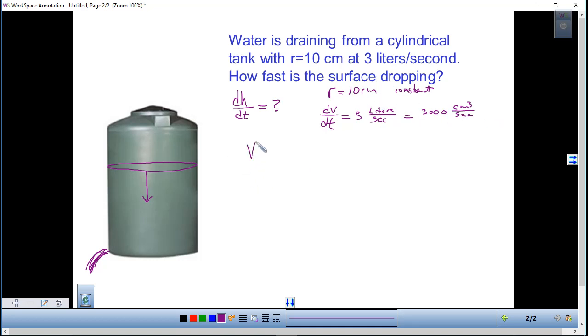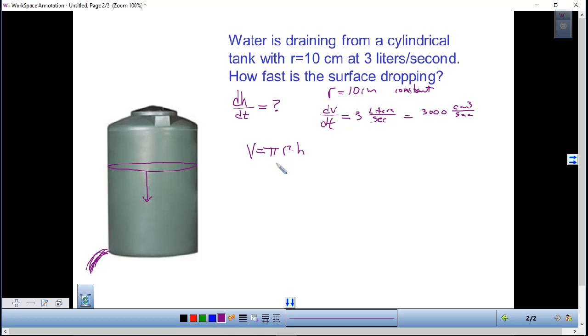Now, the volume of a cylinder is pi r squared times h. Now, once again, like we said, when we talk about this 10 centimeters being a constant, if we take the derivative of this, we're going to get a dr dt as well. Well, the dr dt, since it's not changing, is going to be 0. So we actually don't have to take the derivative of that at all.